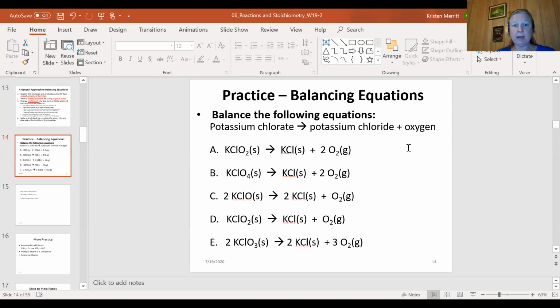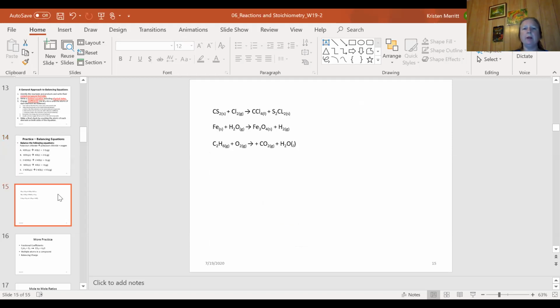All right, so potassium chlorate is this. And then you check and make sure everything's balanced. So we have 2 potassiums here and 2 potassiums here. I have 2 chlorines here and 2 chlorines here. I have 2 times 3 is 6 oxygens here. I have 3 times 2 is 6 oxygens here. So you're multiplying the coefficient times the subscript. All right, that actually was easy. Let's do these examples.